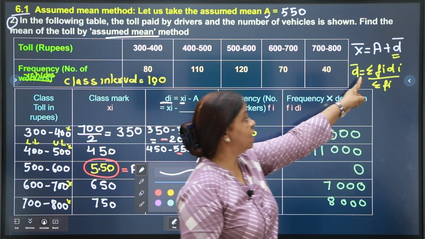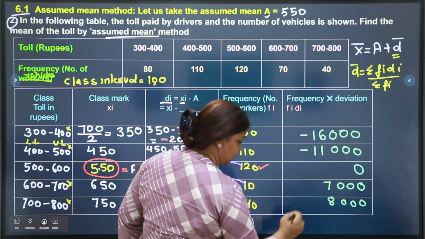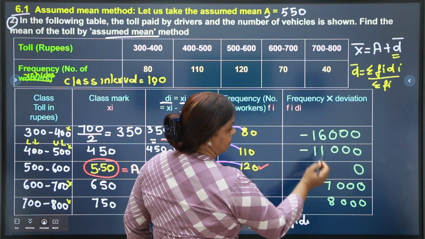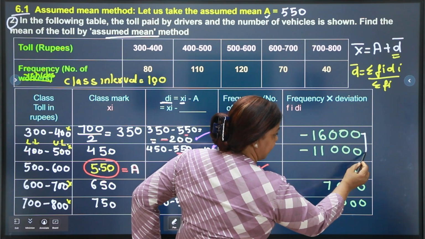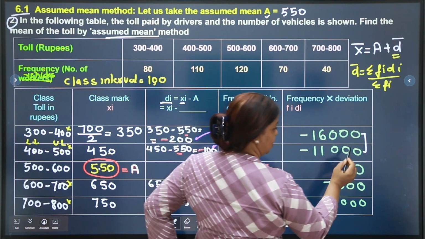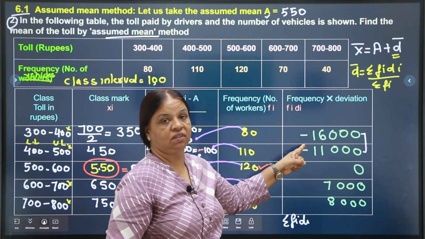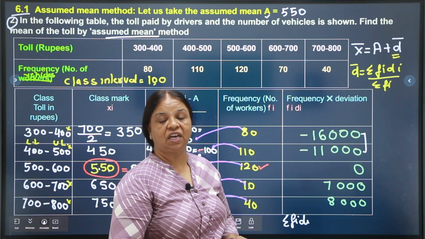Now we need to find out summation of FiDi. Summation of FiDi we will get by adding all this. This is minus and minus, so you will be adding both. By adding both, how much will you get? 0, 0, 0, 0, 0. Why are we adding both? Minus 16,000 and minus 11,000, because both are minus.